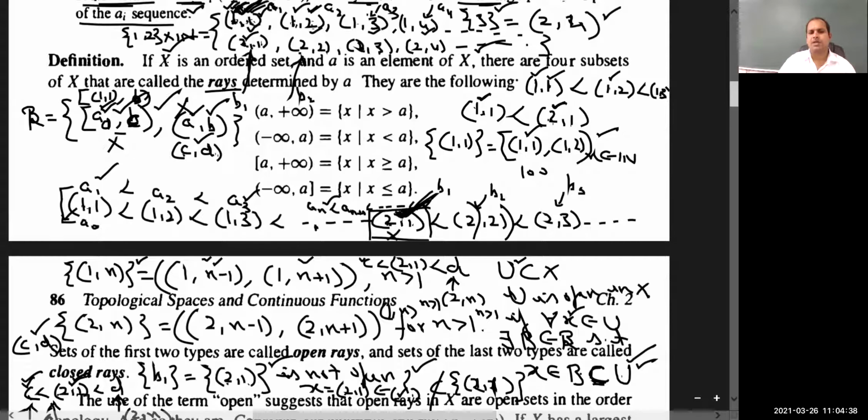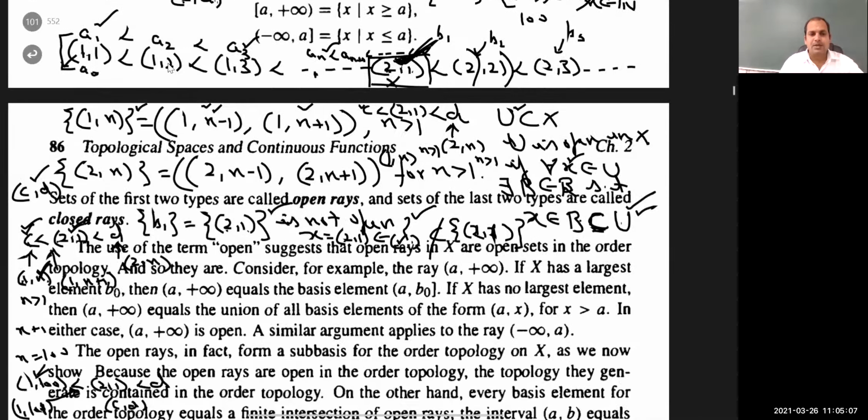We will use the same symbol: the open interval A to plus infinity means the collection of all those X such that X succeeds A, and minus infinity to A is the collection of all those X such that X precedes A. And here the closed interval A to infinity is the collection of all those X where X either succeeds A or is equal to A, and here X either precedes A or is equal to A.